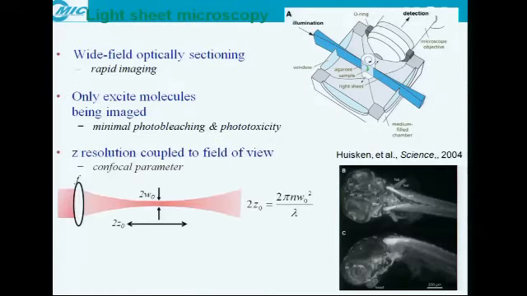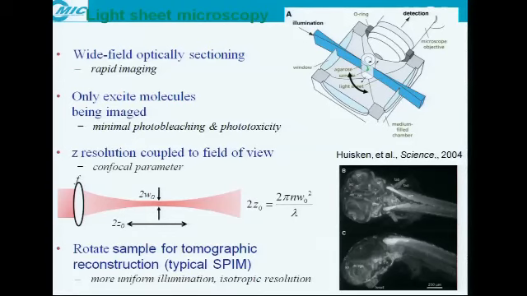Then there is an alternative to this called light sheet microscopy, which uses a cylindrical lens and refocuses into a line. Again, it does rotation and tomographic reconstruction.